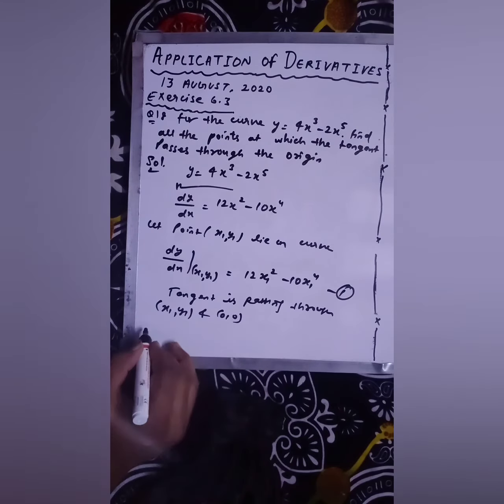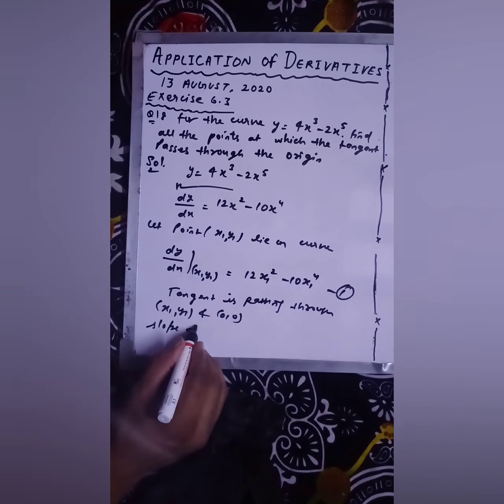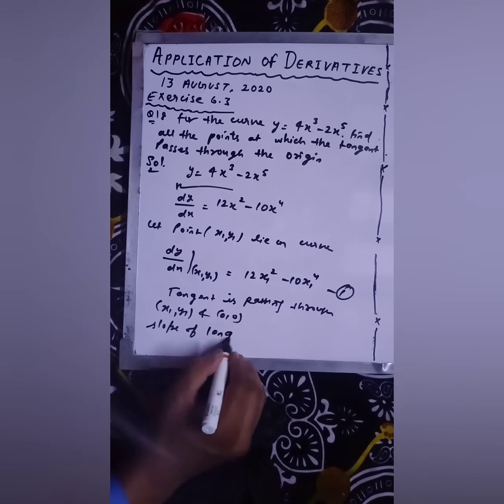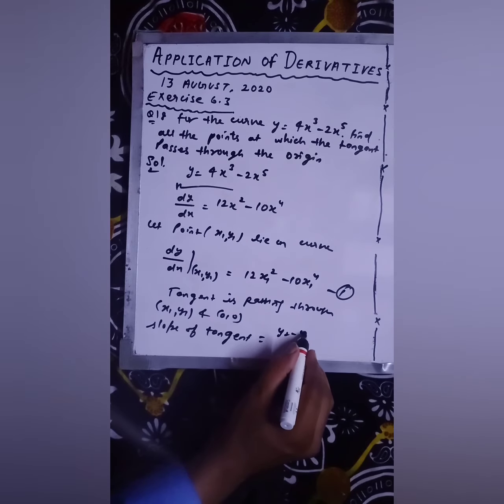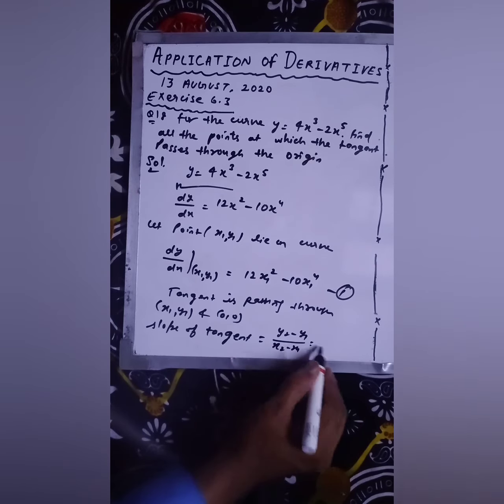So the slope of the tangent is equal to y2 minus y1 over x2 minus x1.